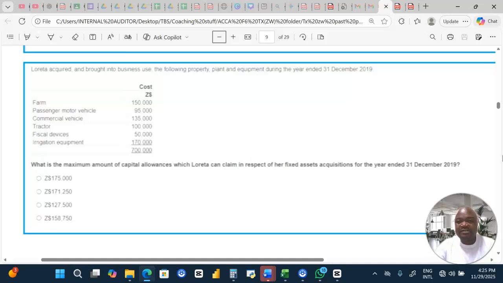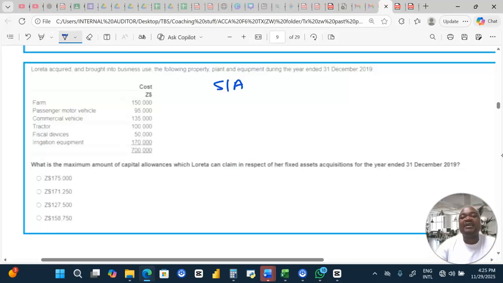We know land does not qualify, and if it doesn't qualify, then it has got a zero, isn't it? Because if they are claiming maximum capital allowance, the maximum they can get is special initial allowance, or SIA. Okay, and the rate of SIA from our tax table is 25%, isn't it?